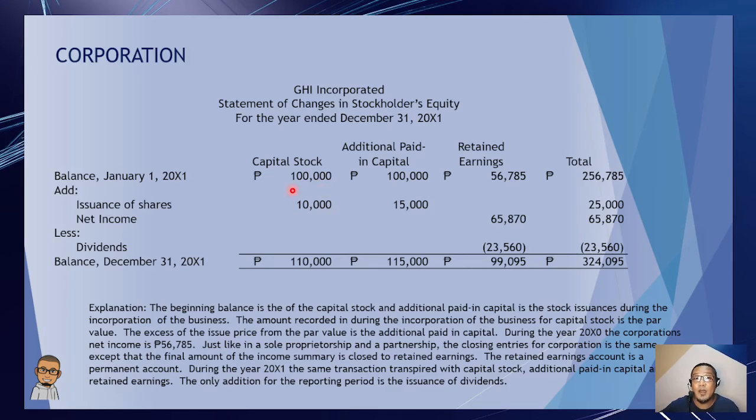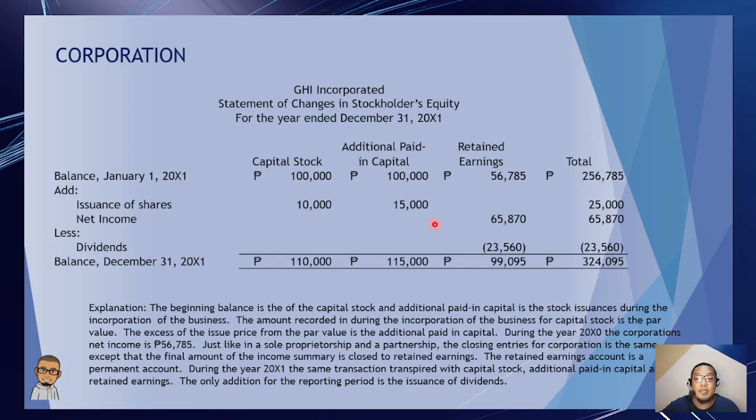Now, dahil meron kang excess na 15 pesos na ibinayad sa'yo, 10 yung par value pero ang consideration received mo ay 25 pesos. So, ibig sabihin, nagkaroon ka ng excess. Okay, so 1,000 multiply by 15, so you get 15,000 pesos. Yung issuance ng additional stocks for the year.